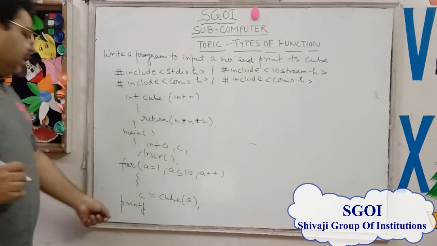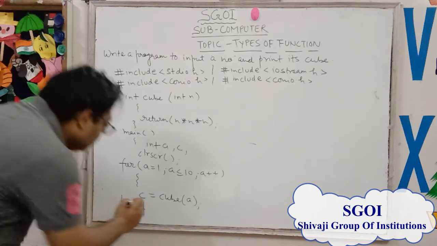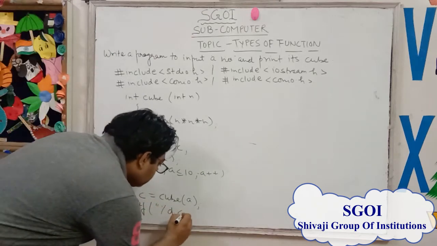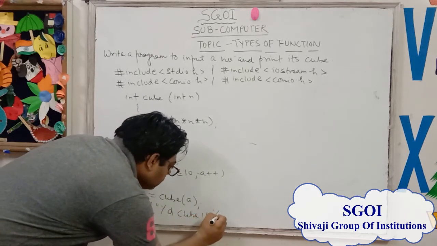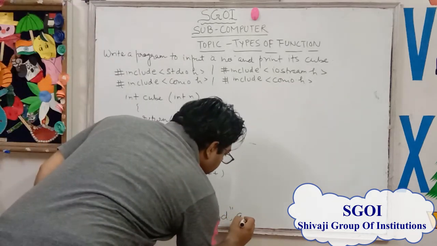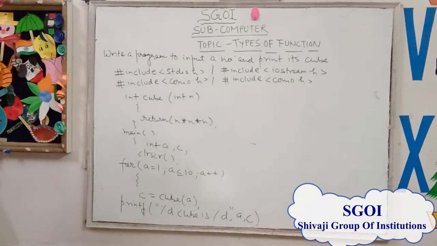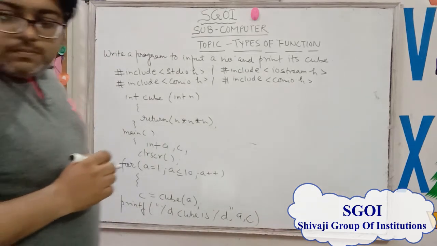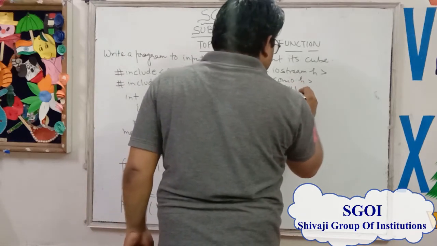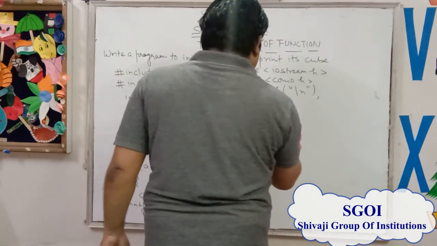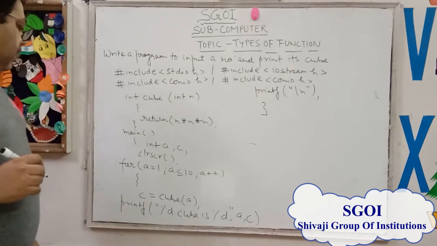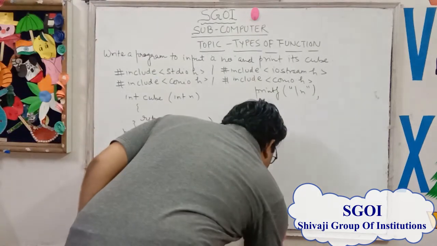In C we write printf and in C++ we write cout.